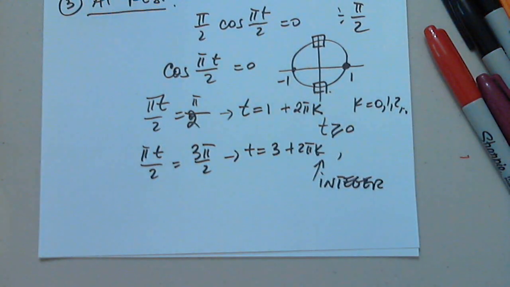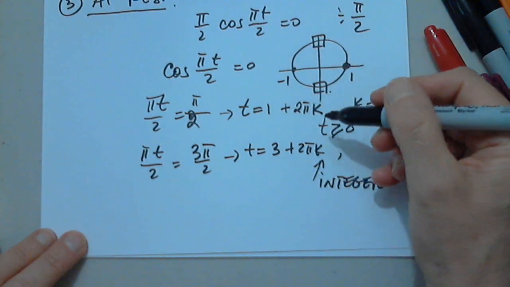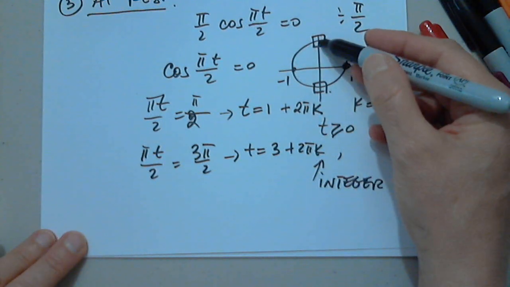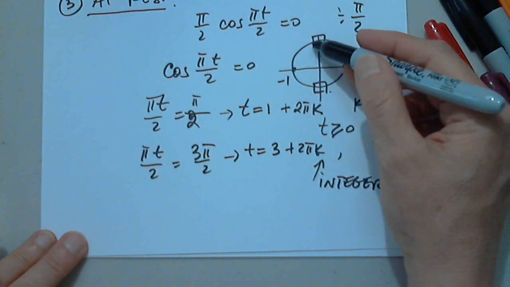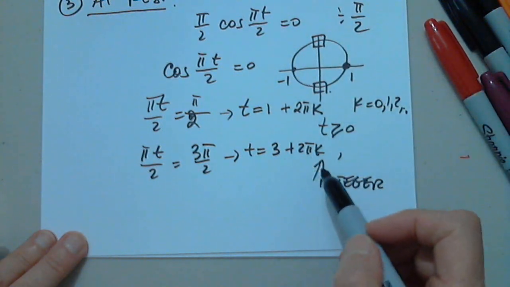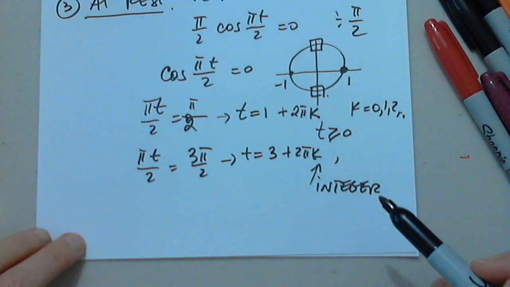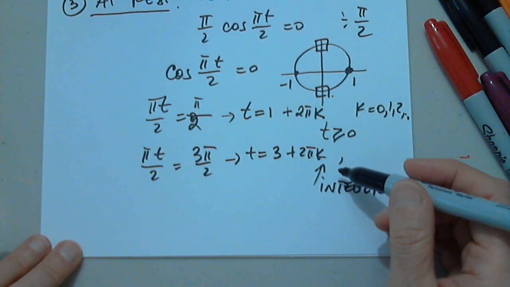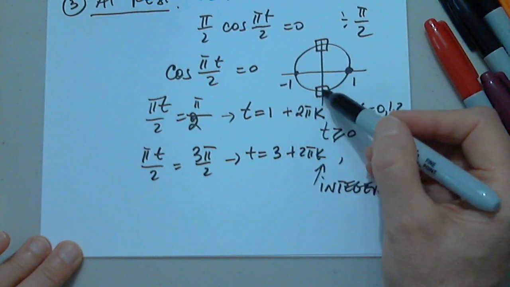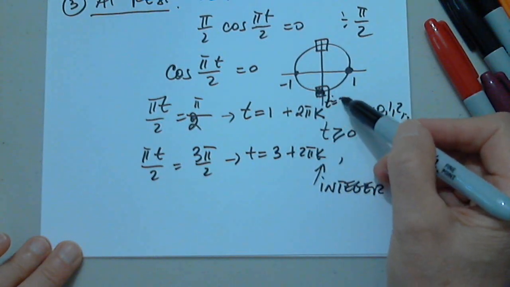So one more time. I have 1 plus 2 pi. And then I have 1 plus 4 pi. And then I have 1 plus 6 pi. And the same thing here with 3. Does it make sense? Yeah. So this point here is for t equals 3.